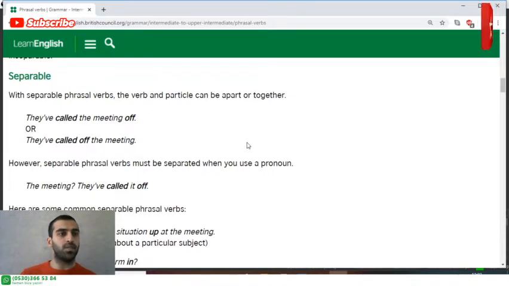Let's continue with separable phrasal verbs here. With separable phrasal verbs, the verb and particle can be apart or together. For example, they have called the meeting off, or they have called off the meeting. So they are separable phrasal verbs: we can use them together or we can separate them.